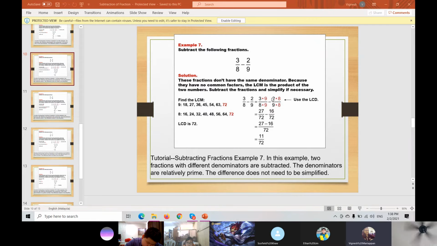So 3 multiply 9 is equal to 27. 8 multiply 9 you will get 72, minus 2 multiply 8 you will get 16. 9 multiply 8 also you will get 72. So can we do the subtraction now? Yes. Now 27 minus 16 is equal to 11/72.